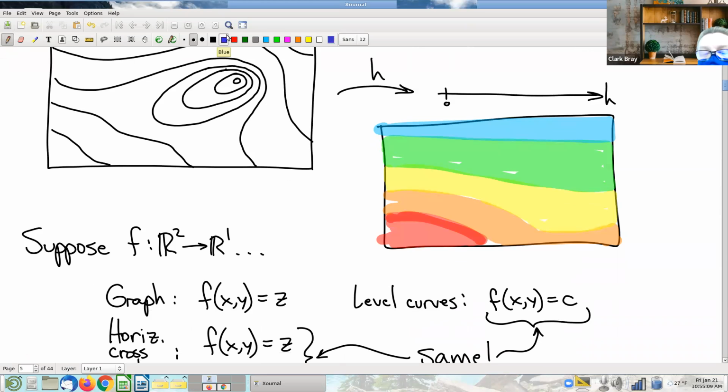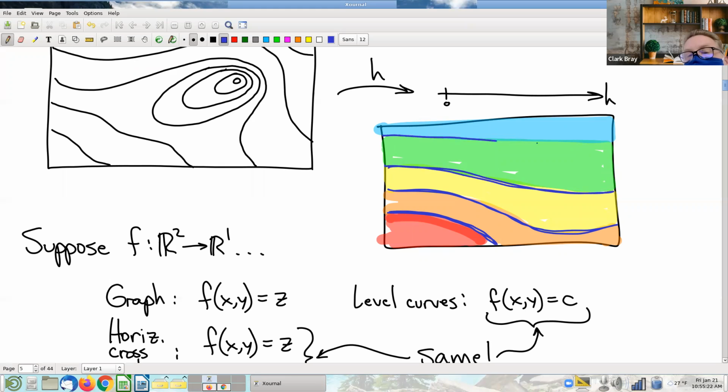So the nice thing I like to point out is these curves here between the different colored segments are level sets. They're level sets of the temperature function. And they wouldn't use those terms, but it'd be like, maybe this is the 60s, right?